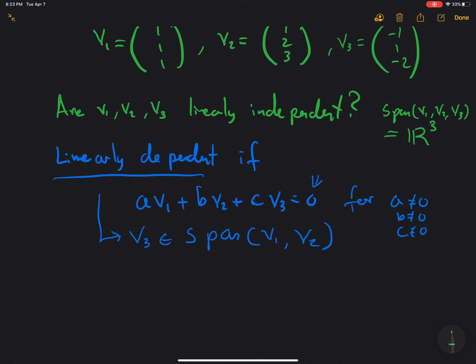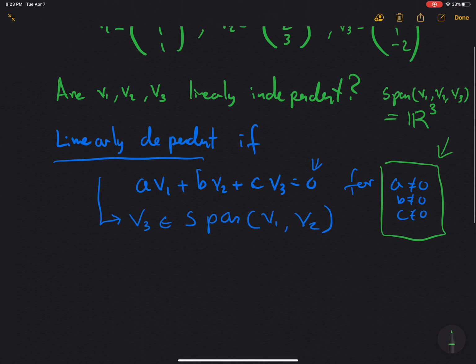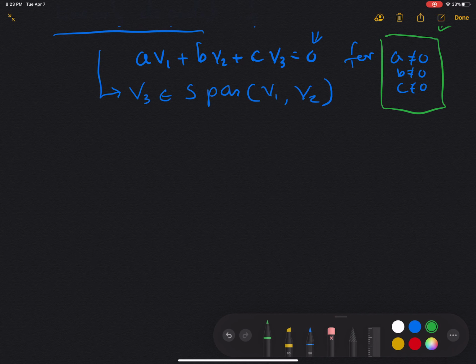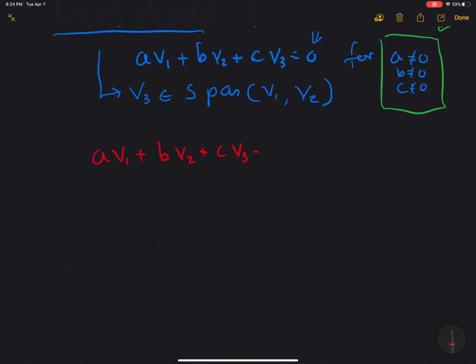And let me try to actually focus on this way. In other words, what I'll do for this problem is evaluate if this equation has non-zero solutions. If there are non-zero solutions, this will imply that the vectors are linearly dependent.